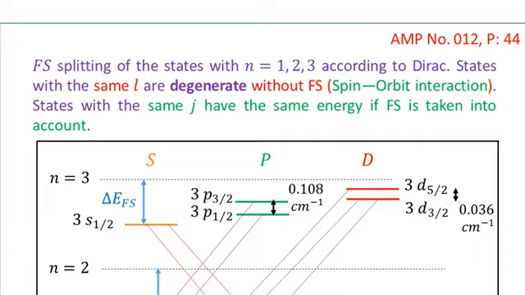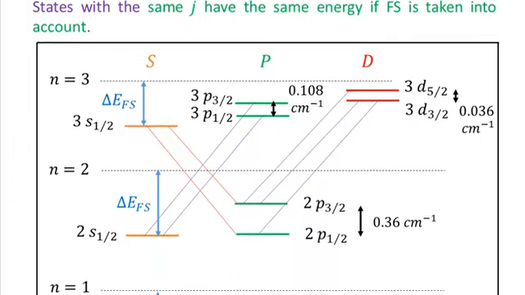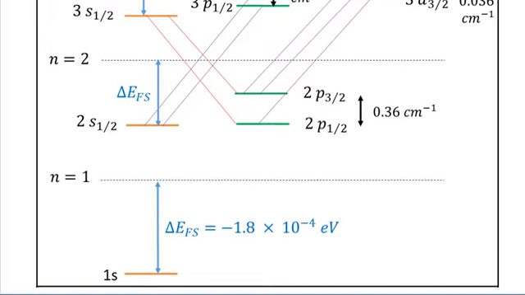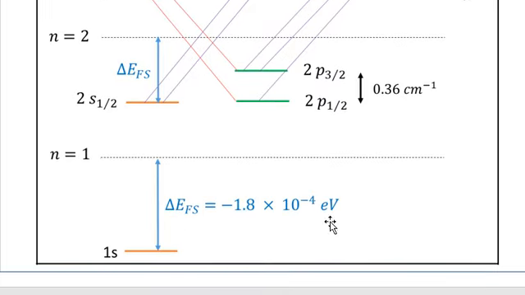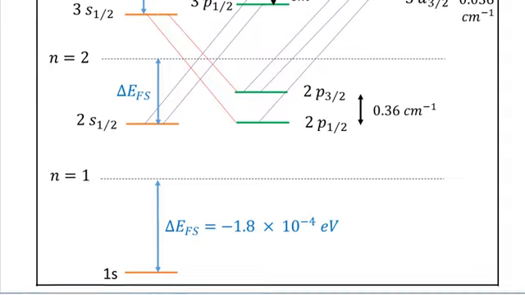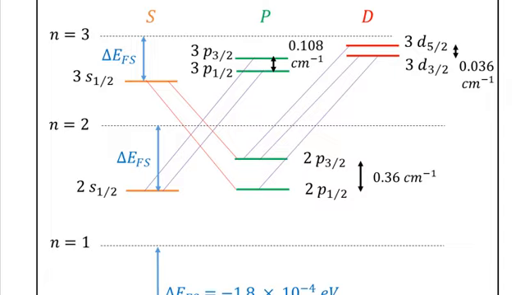Now let me show you this diagram first. You see that in this diagram, there are horizontal dotted lines against n equal to 1, then against n equal to 2, then against n equal to 3.